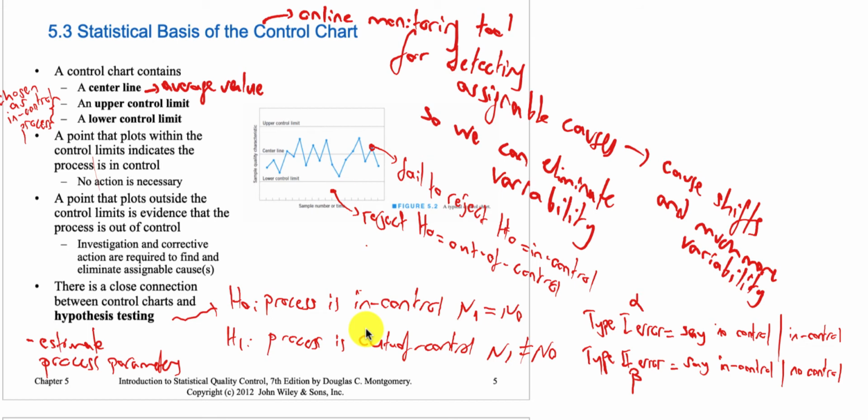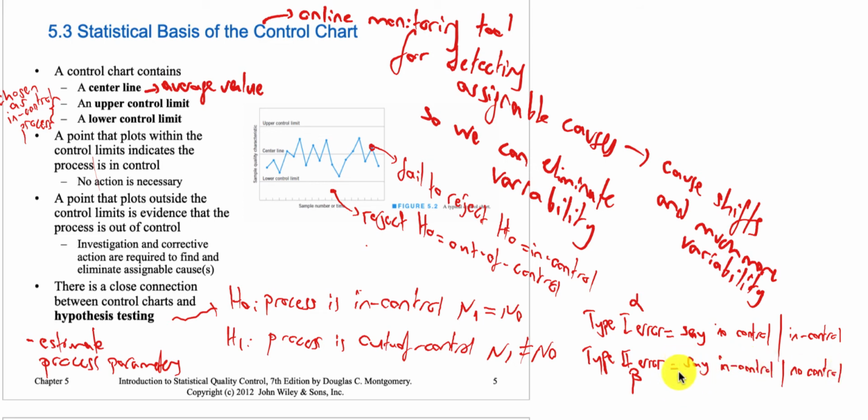So in hypothesis testing we have some errors, right? Like type 1 error, alpha, and type 2 error, beta. Alpha, in the context of control charts, means we conclude that our process is out of control when actually it is in control. And type 2 error, beta, is saying our process is in control when actually, truly, our process is out of control.